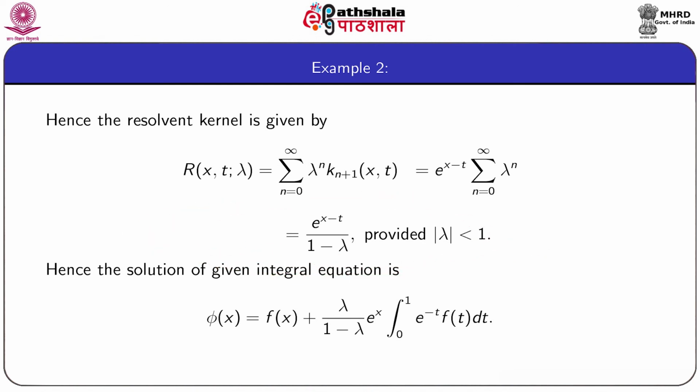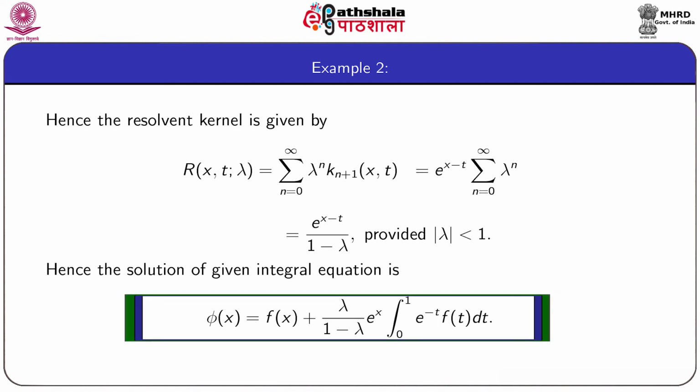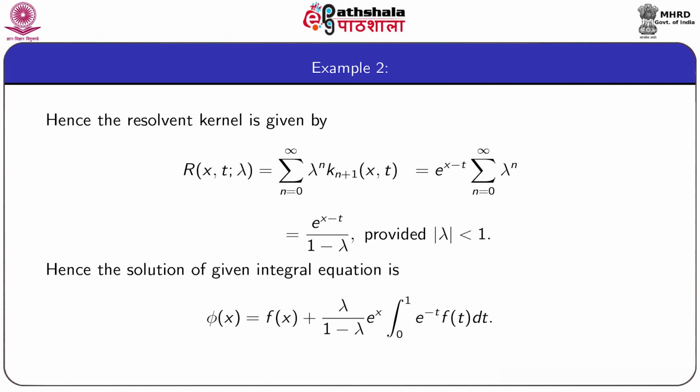Hence, the solution of the given integral equation is phi(x) equal to f(x) plus lambda by 1 minus lambda e to the power x into integral 0 to 1 e to the power minus t f(t) dt.